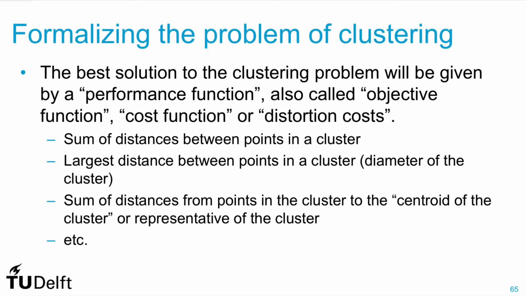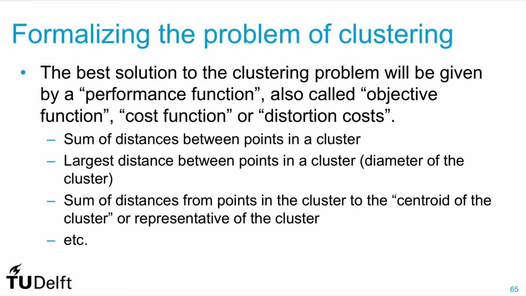The best solution, the optimal solution to a clustering problem, can be given by the definition of a performance function, also called an objective function, and in the clustering literature it's also represented as a cost, and I've seen in some examples that they also call it distortion cost. We can consider as a cost function, for instance, the sum of distances between points in a cluster.